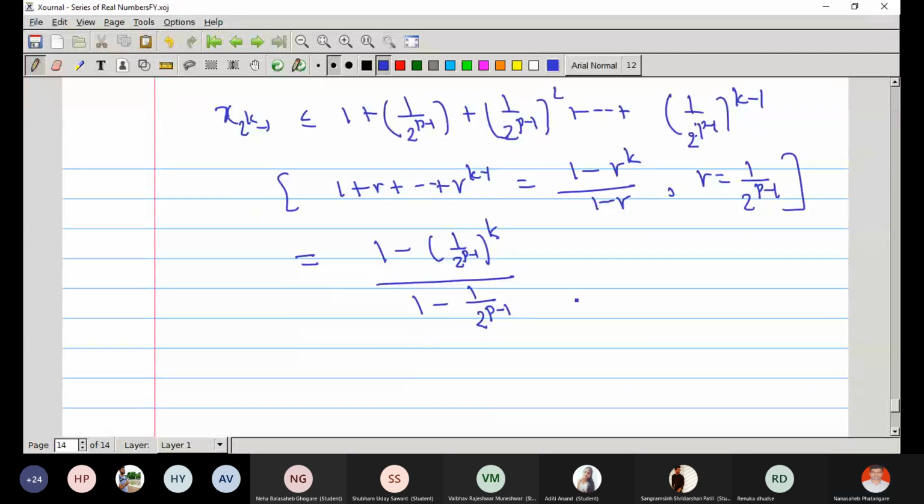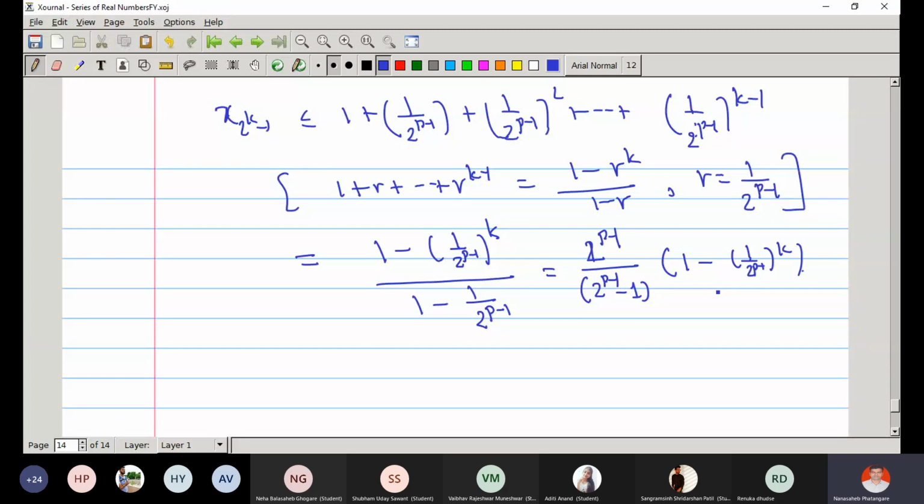Let me write it in a simpler form: 1 upon 1 minus 1 by 2 to the power p minus 1, into this bracket raised to k.